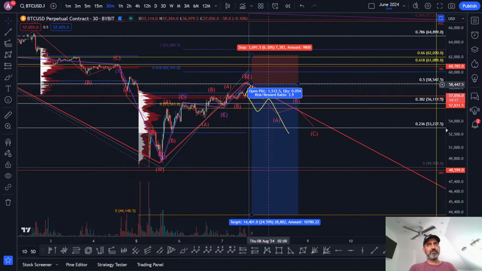You just want to have a fixed risk with your initial position. As you start seeing weakness, you'll start adding to the pullbacks, and then as you add, you'll reduce your risk. Every time you add, you'll reduce it to make sure your risk is always the same, and you just want to make sure that your invalidation is above the current pivot high.